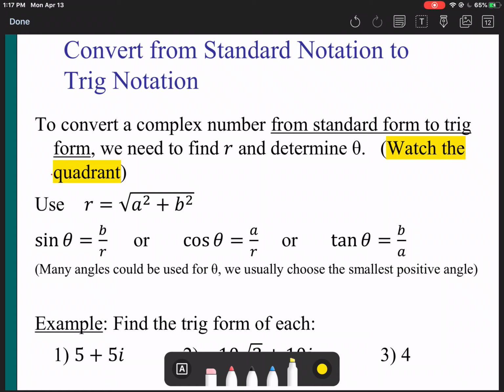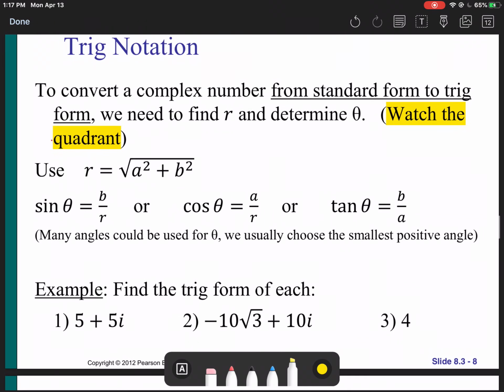You're going to know your quadrant because you have the standard form of your number a plus bi, and we're looking at that as an ordered pair (a, b). So the signs, positive and negative, of a and b will tell you what quadrant your number is located in. Then we can just adjust our angle accordingly. But that's not a new issue. We keep saying that anytime I'm finding an angle, I need to be careful to find it with respect to the appropriate quadrant.